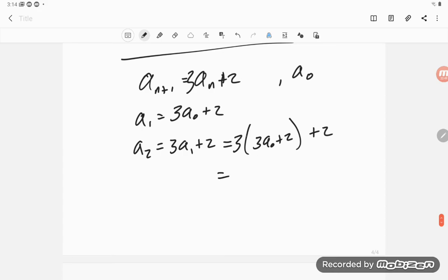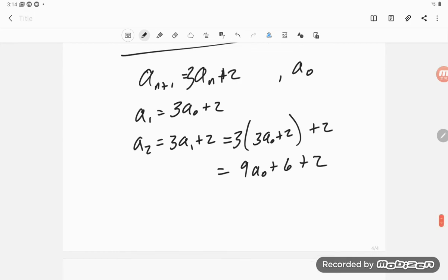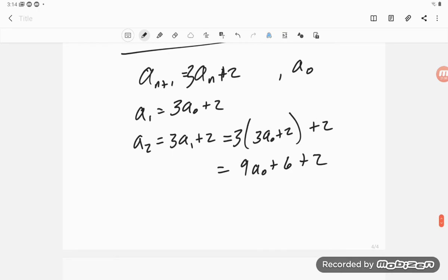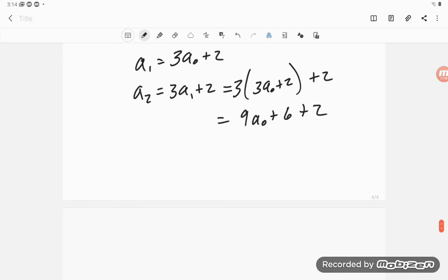So I can write that as 9a0 plus 6 plus 2. Now, I might want to keep that like that. I might want to write it as 8. I might want to write it as 6 plus 2. It's kind of hard to say sometimes, because then if I go to a sub 3, well, that's 3a2 plus 2.